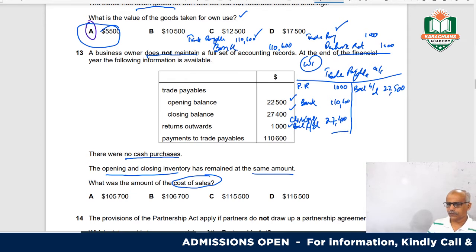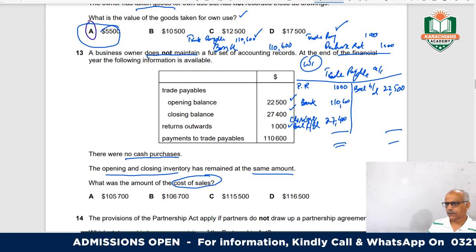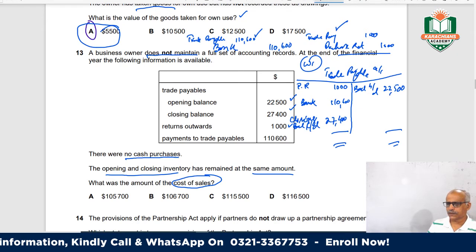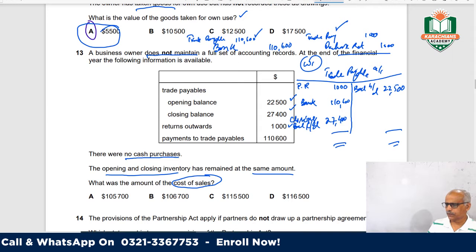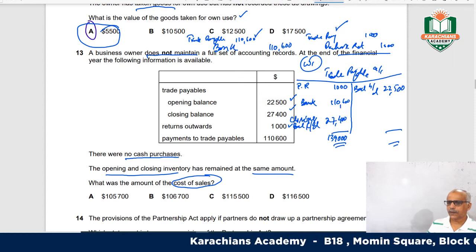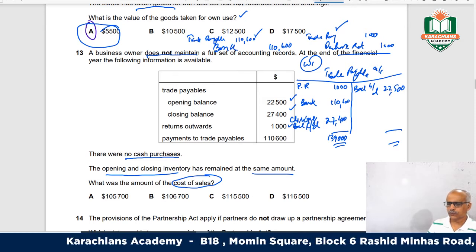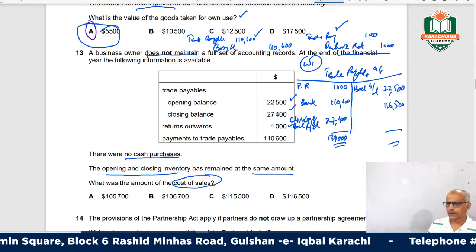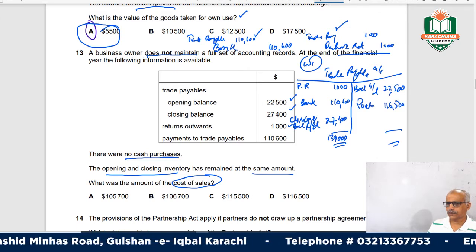If you make the total of this, the total will become 139,000. If you deduct from 139,000 this 25,000, the balancing figure would come to 116,500. So this will be your purchases.